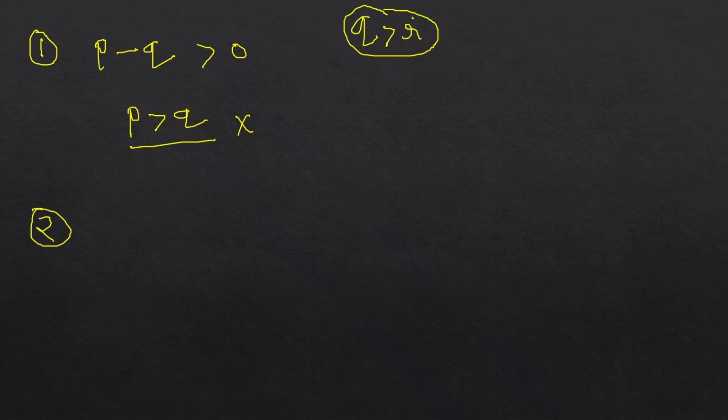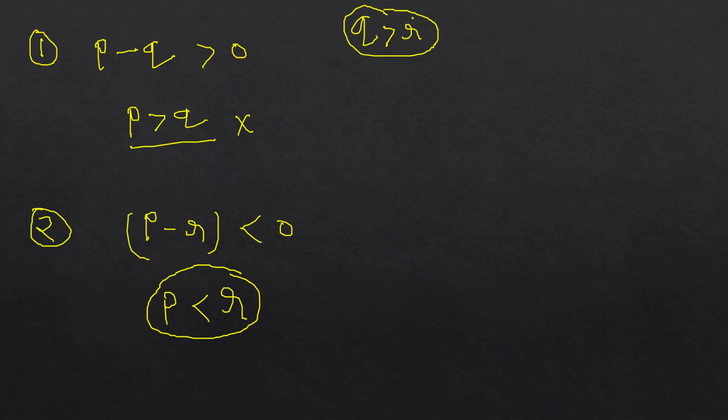Now we'll check statement number 2, where P minus R is less than 0 or negative, means R is greater than P. Now this statement is also not sufficient to answer whether Q is greater than R.